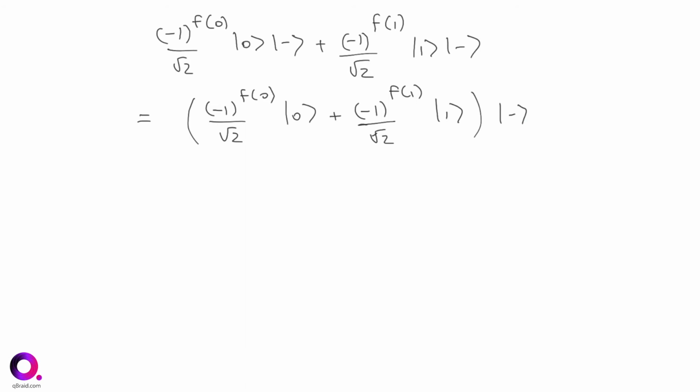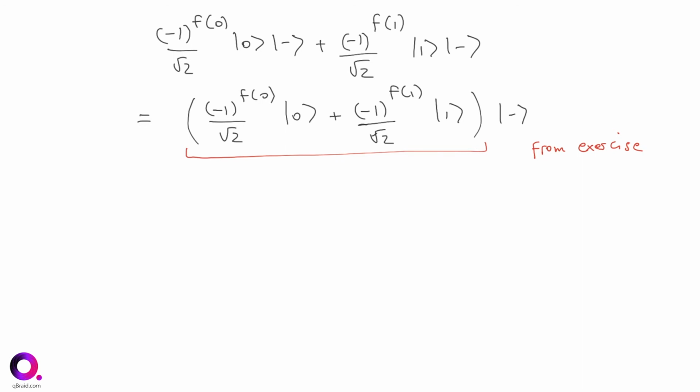And now the expression for the first qubit should look somewhat familiar to you, because we have encountered it already in the exercise at the beginning of this video. If you have forgotten, feel free to pause the video and go back to the beginning and look at the exercise again.